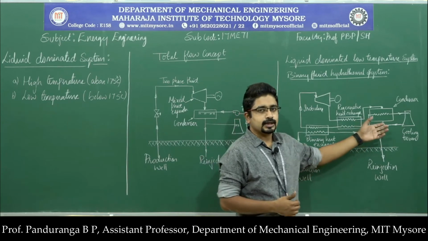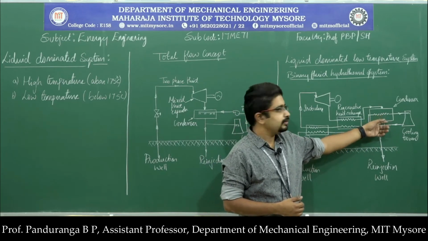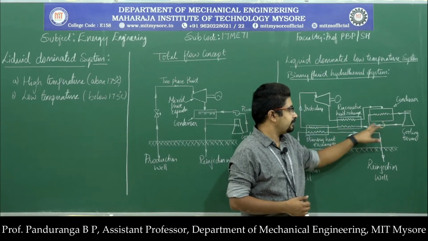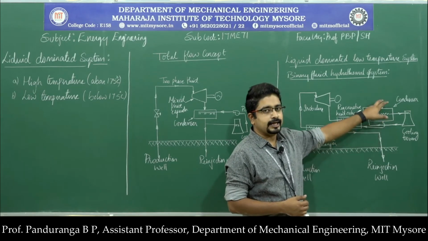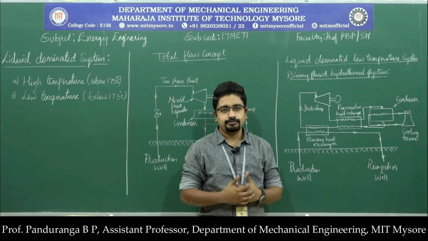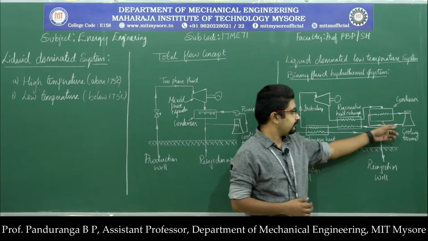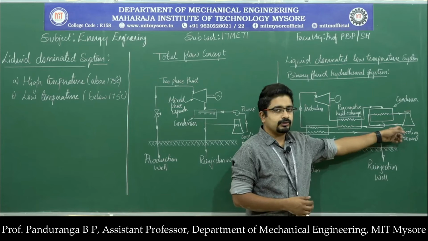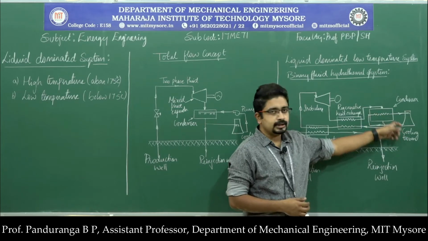So we have to use a closed condenser, where the cooling water will be flowing through the pipes and the condensation of isobutane happens over the tubes. The cooling water from the cooling tower will be flowing inside the tubes.